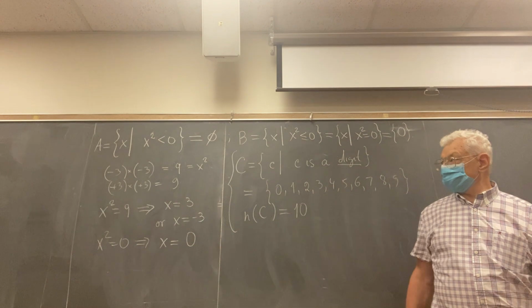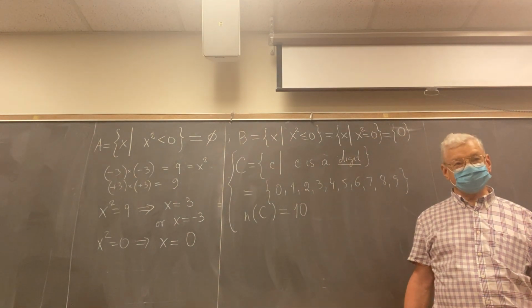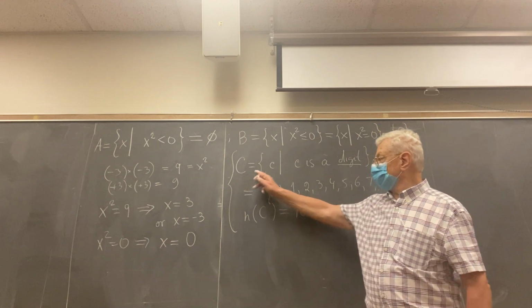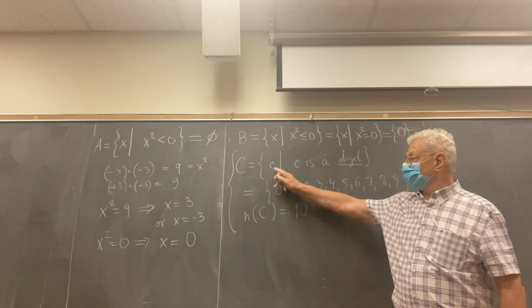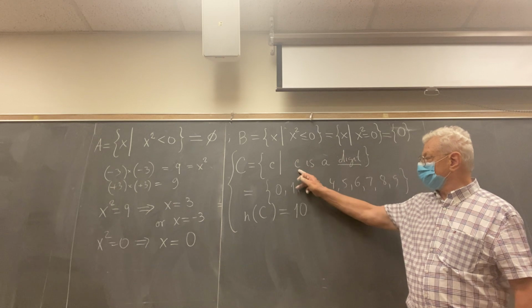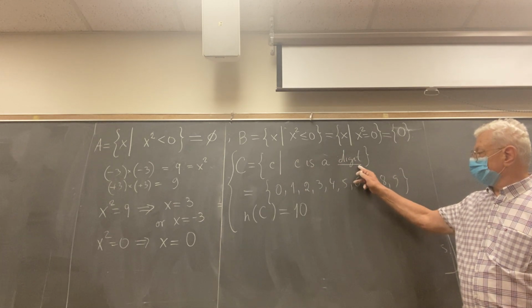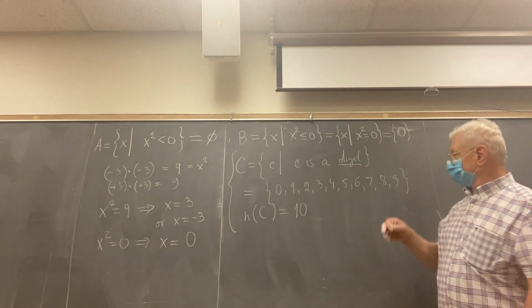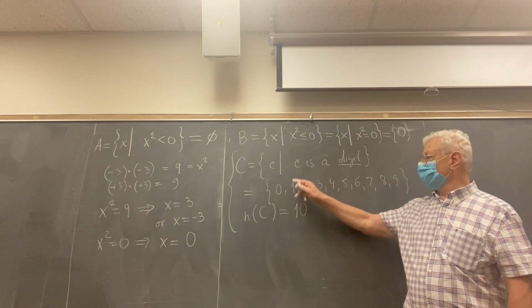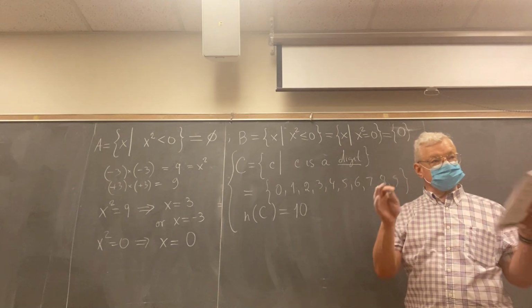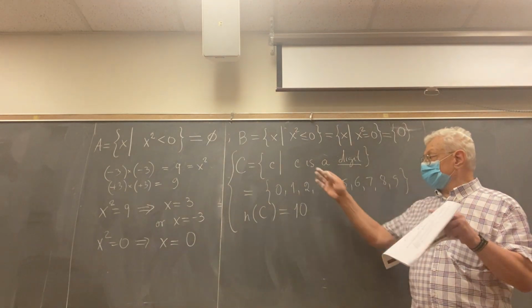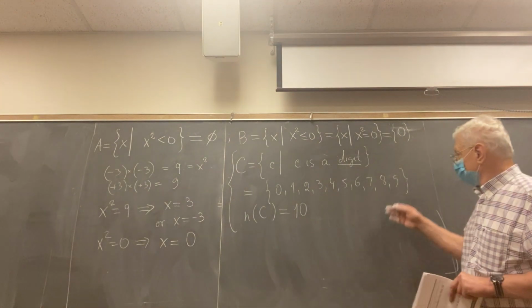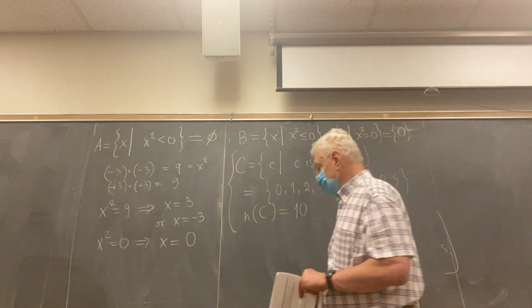What is the cardinality? Got it? Again, c is the set of all c's such that c is a digit. Digits go from 0 to 9, so c could be 0, 1, 2, and we describe all digits satisfying that property. The number of them is 10.